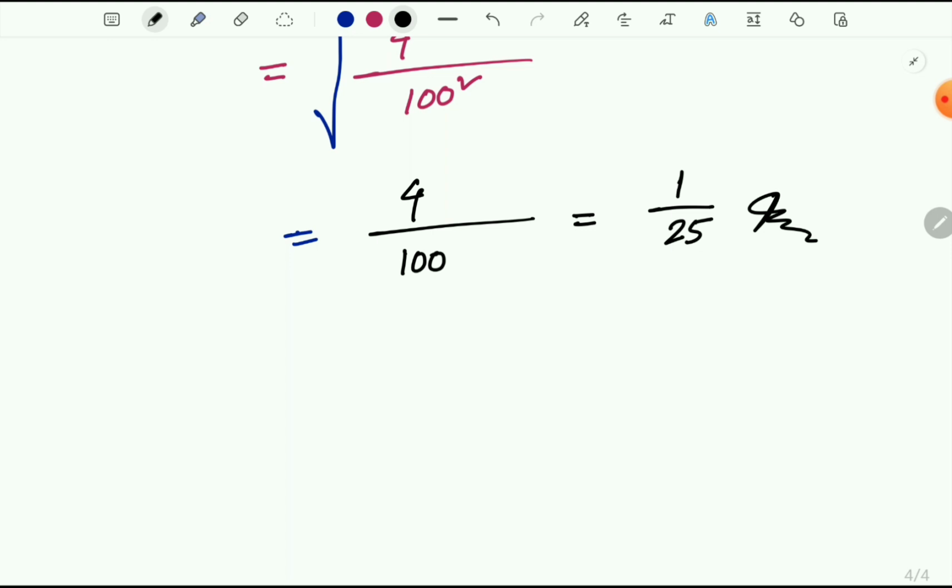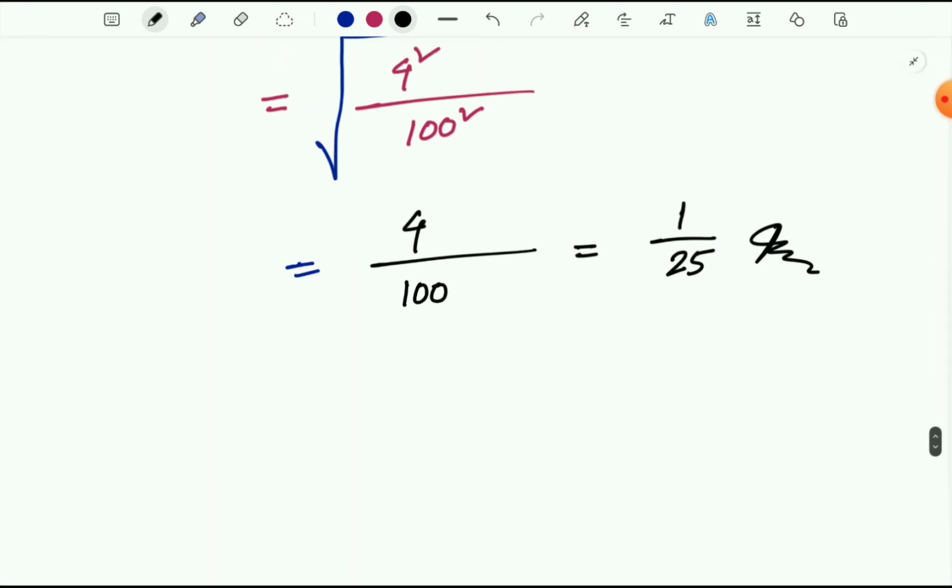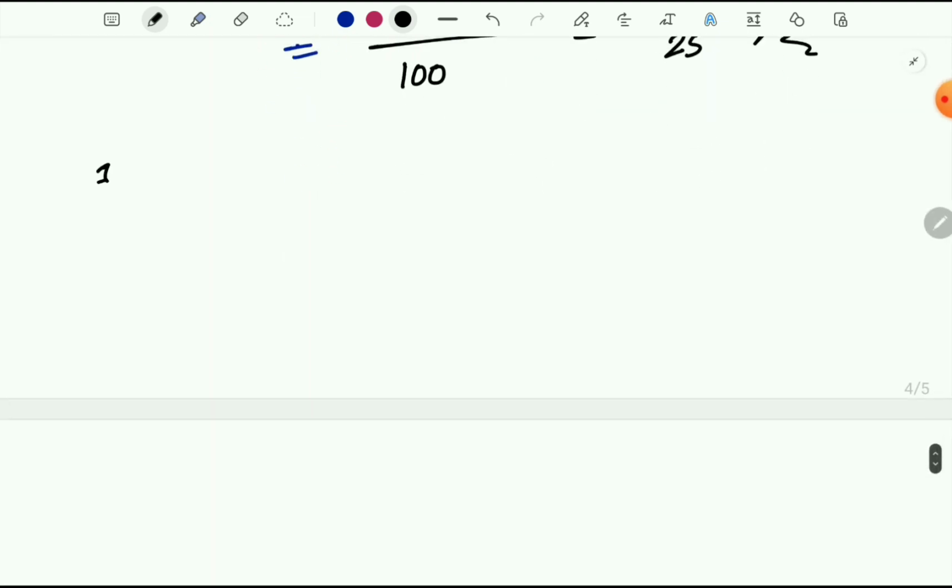So let's have some more complex problems for you. Number 1, 27 to the power minus 1 by 3.